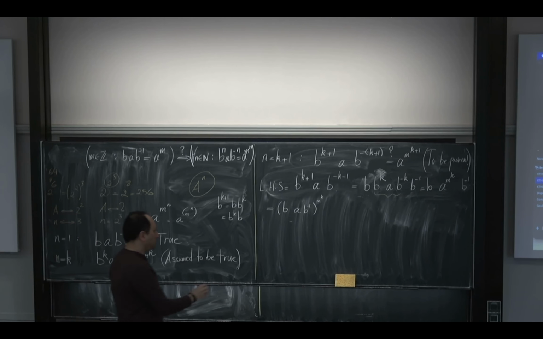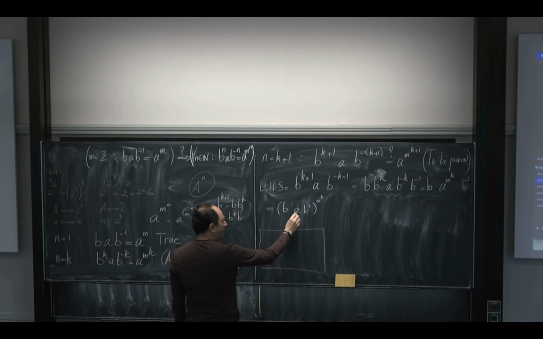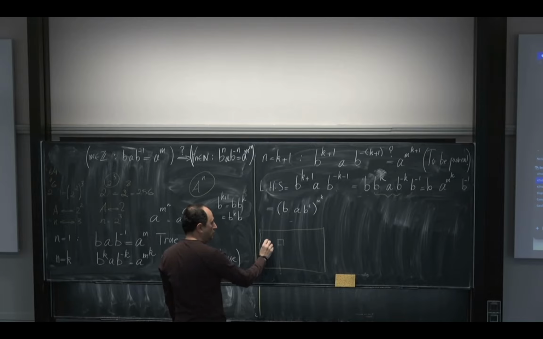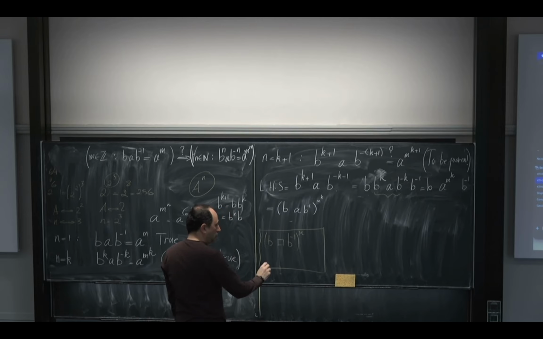So if you remember in the lesson, I told you that if you have a group element, whatever it is, sandwiched between a group element and its inverse, and I decide to raise it to any power, integer power, say m, then you don't touch b and b inverse. You just raise the middle one to that power.